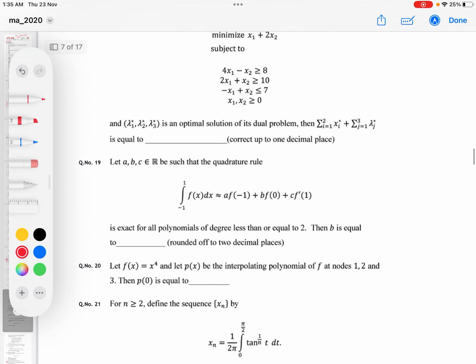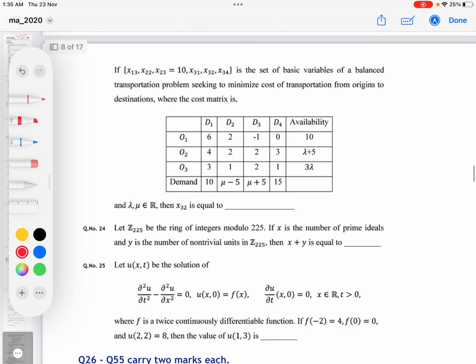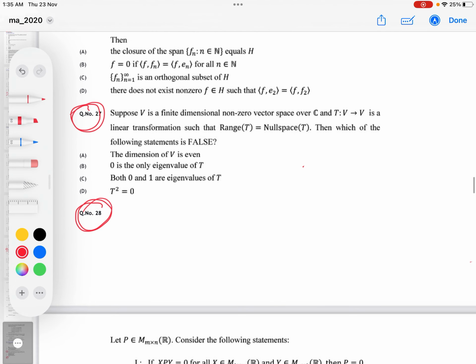Now let's move to another question, that is 27. In 27, suppose V is a finite dimensional non-zero vector space over C, and T is a linear transformation that maps to the same space.